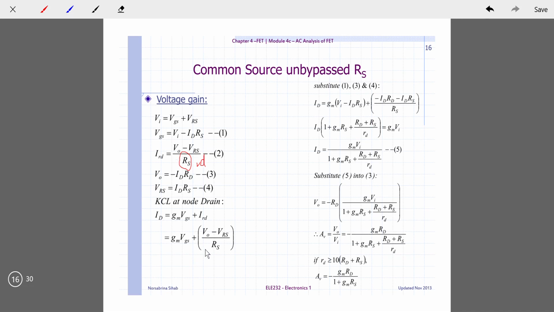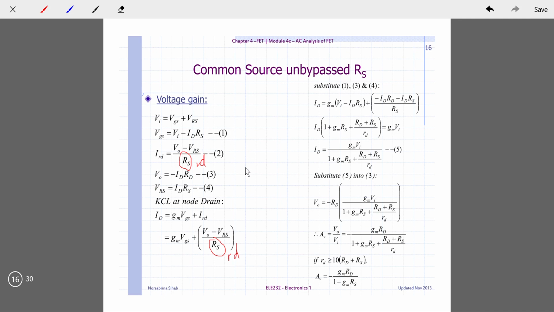Okay, ID equals GM VGS plus IRD, so equal to GM VGS plus V out minus VRS over RD. Okay, and then substitute 1, 3, and 4 into this equation over here.